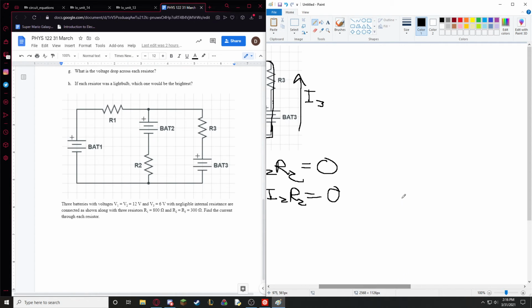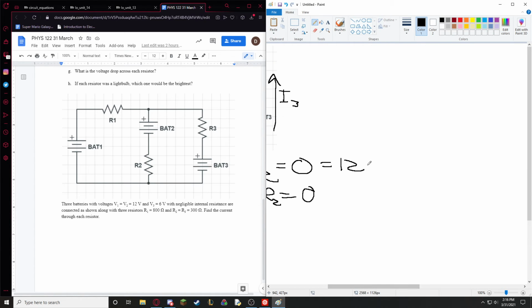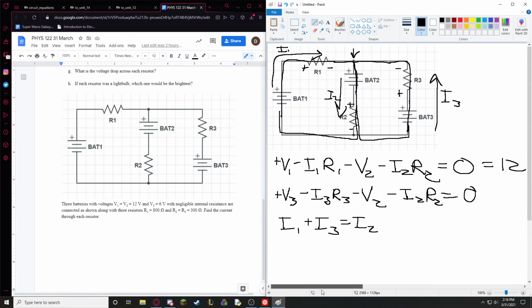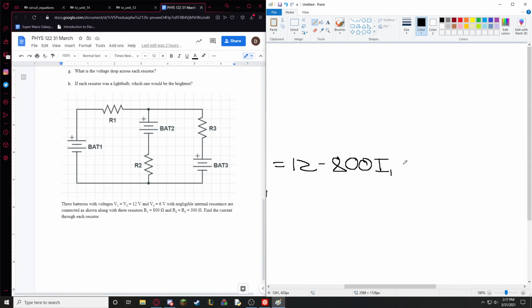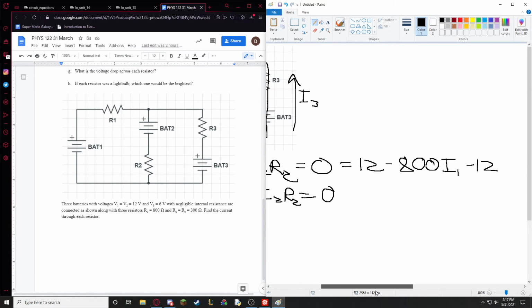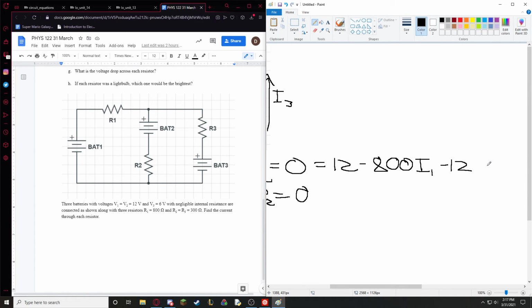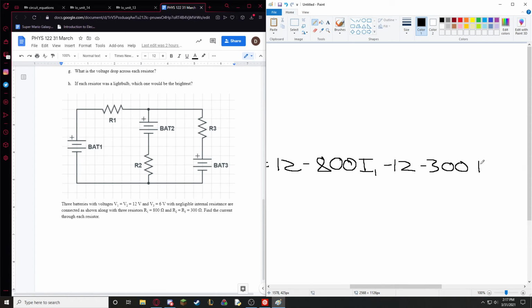So we can actually go ahead and rewrite these. We have plus V1, which is plus 12, minus I1 R1, which is 800 I1, minus V2, so minus 12, minus I2 R2, minus 300 I2.